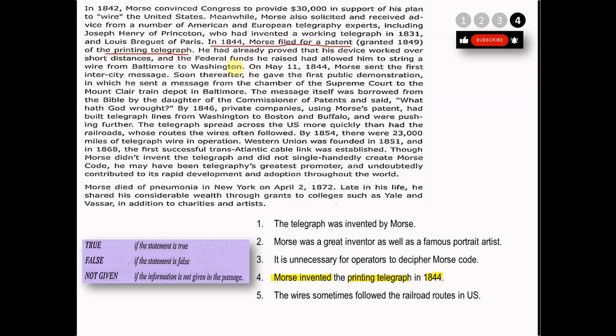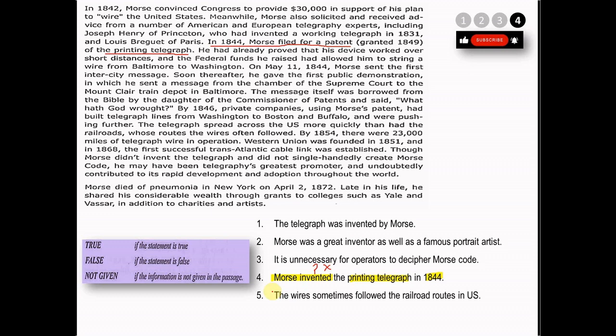If you try to fathom the information at first hand, you'll find that yes, he filed the patent and this information is given, but what is being asked? He invented. So is there any discussion about whether he invented this thing or not? Is this given? No, it is not at all given. Yes, it is given that he filed a patent for the printing telegraph, but it is not given whether he invented this telegraph or not.